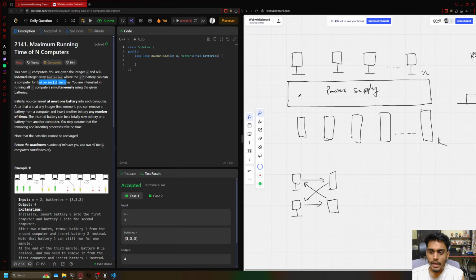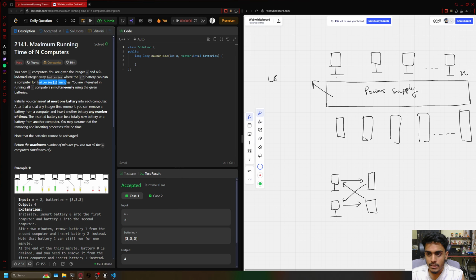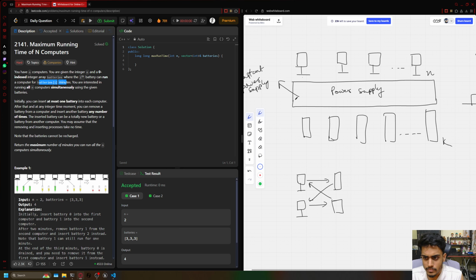So I can build a layer on top of batteries, which symbolizes a constant power supply. Now I can say that this constant power supply is being powered by these batteries.